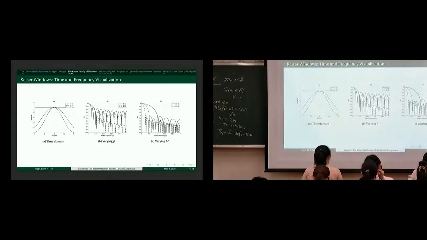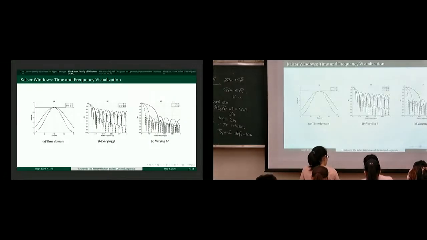In the time domain, that's what's happening. We can continuously control the width of your window function using any beta. Beta is not necessarily an integer, but you can continuously control beta to change the shape of the window function in the time domain.